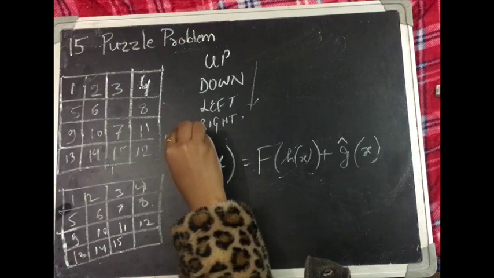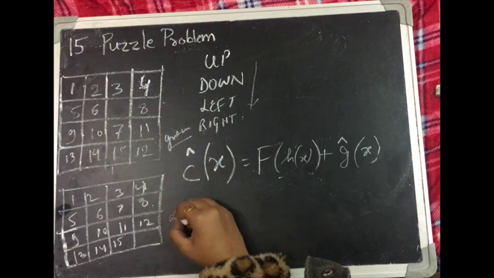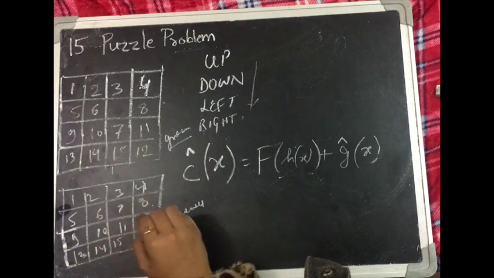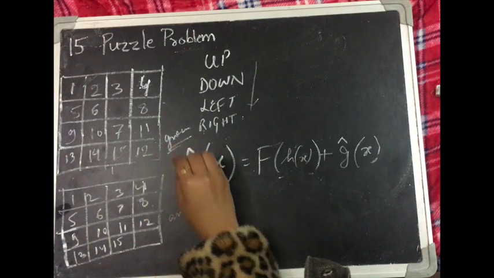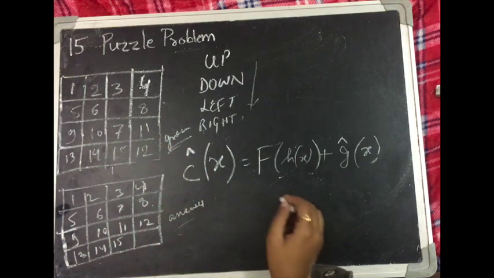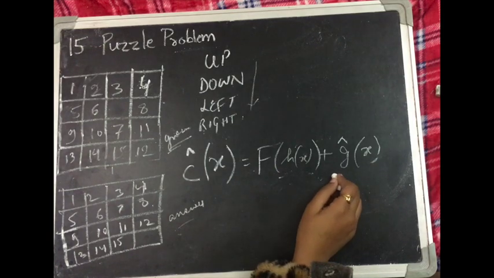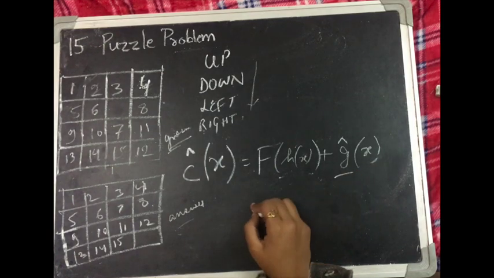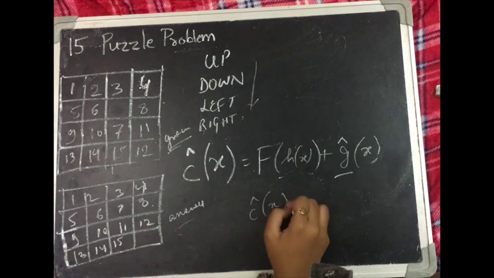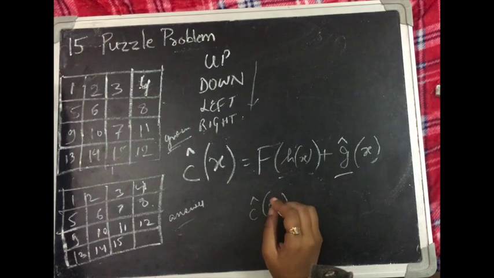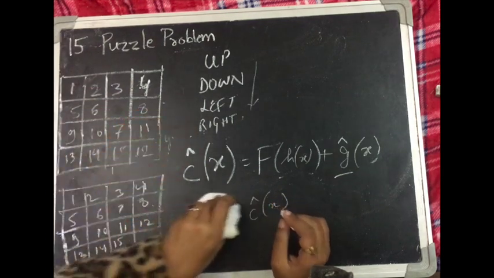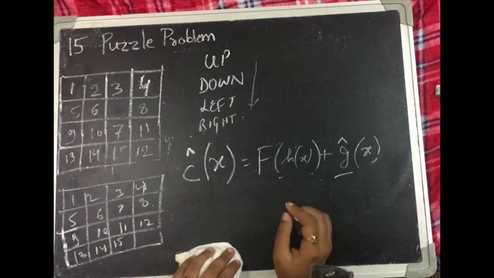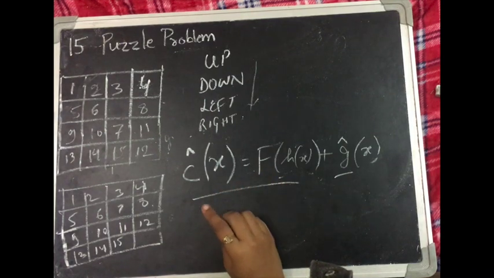This is my given node, this can be at any level, and this is the answer node. So that is how many cells are differing in the given node and the answer node. I will compare it and that will give me the answer to g of x. So I'll add them and I'll get a cost. Using this formula I will find out the costs at each level and then I will proceed on to the next level.